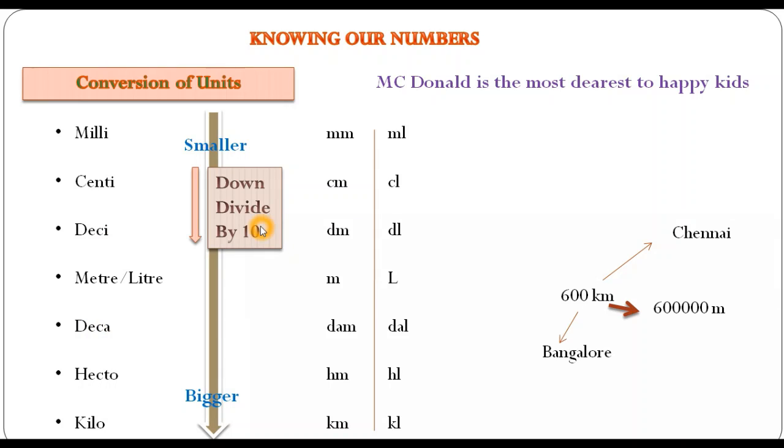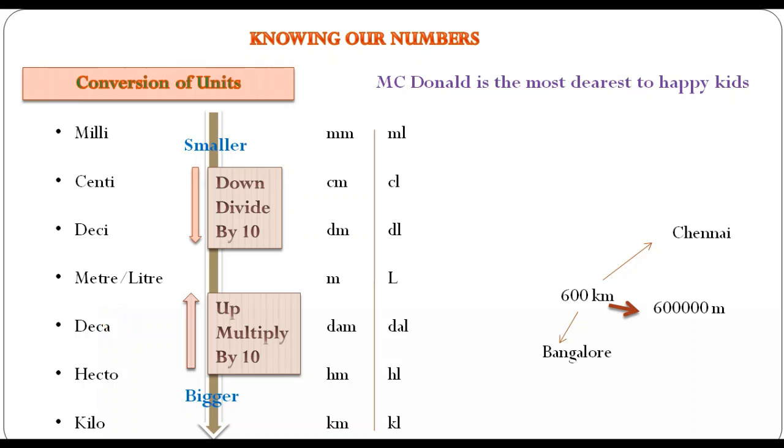Just the opposite, when you are moving up, what will you do? As you move up, you will multiply. Multiply by what? Multiply by 10. And again, the number of zeros will keep increasing with every step. So if you want to convert from kilo to hecto, what do you do? You multiply by 10. If you want to convert from hecto to deca, you multiply by 10.